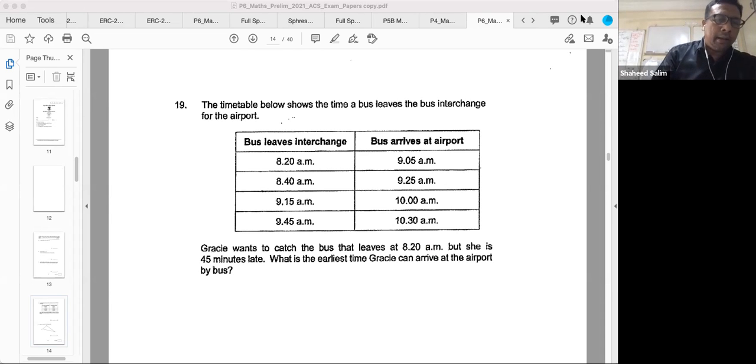Read carefully, read carefully. This level of difficulty is the level of your PSLE. It's not tough.